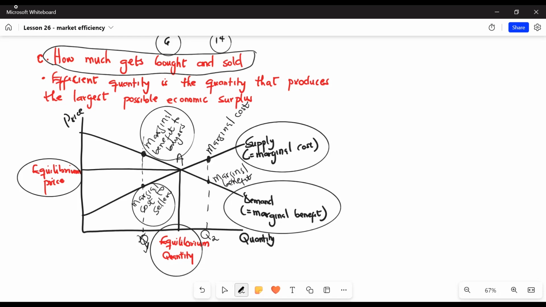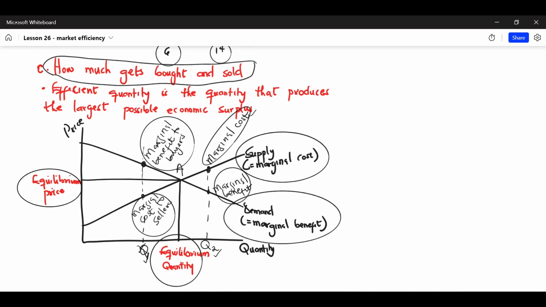You can see that at quantity Q2, marginal cost is larger than marginal benefit. This shows that it costs producers more to produce each good than consumers are willing to pay for it. So this is also an inefficient quantity. The market will be more efficient if it reduces production up to the point of the equilibrium quantity.